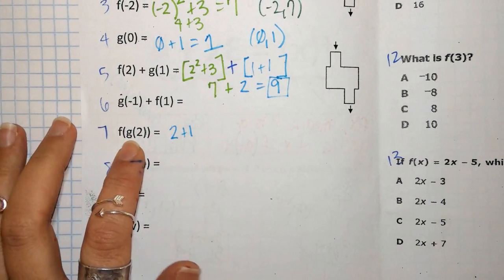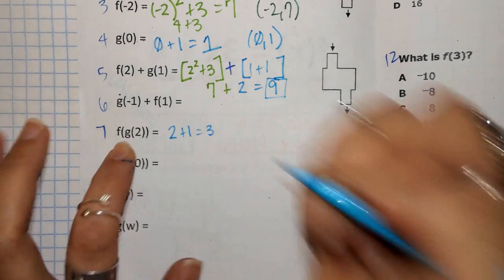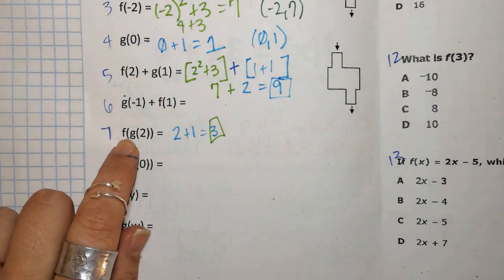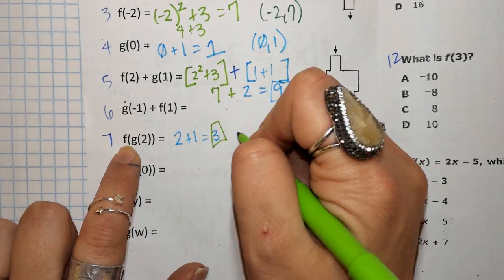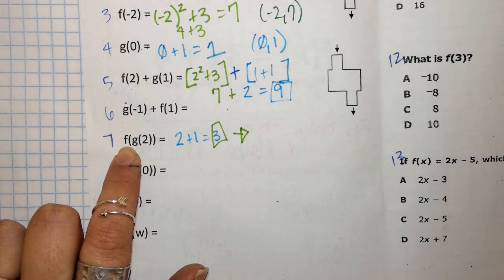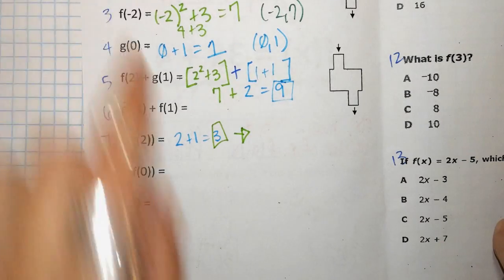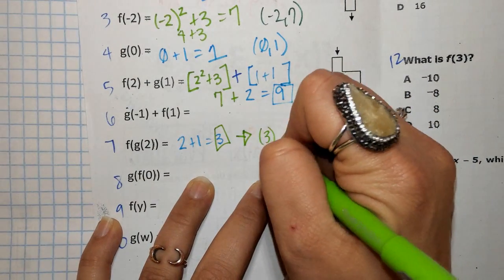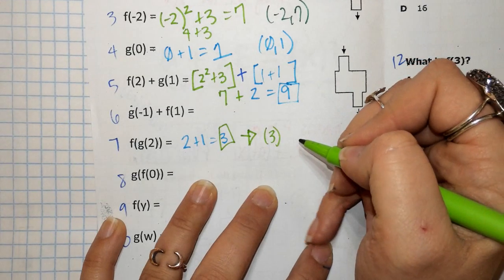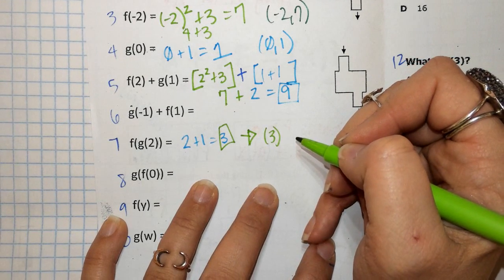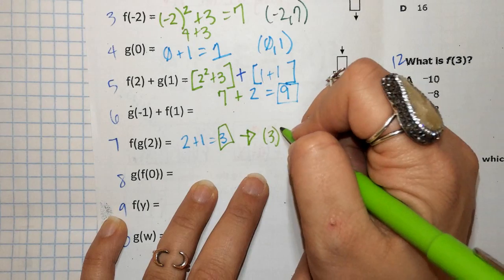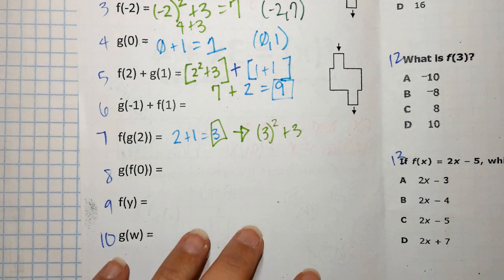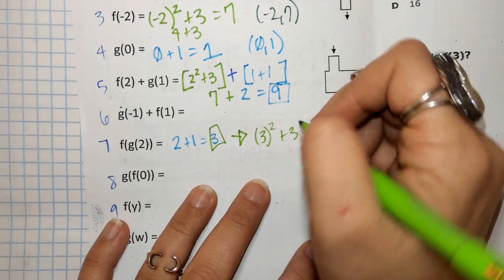We're plugging 2 in for G. What's 2 plus 1? 3. Now we're going to take this and plug it into the function f. So how would we write that? We have 3 squared plus 3. What's 3 squared? 9. And what's 9 plus 3? 12.